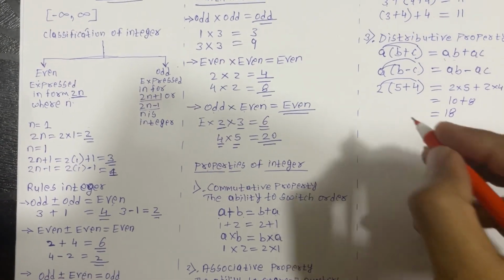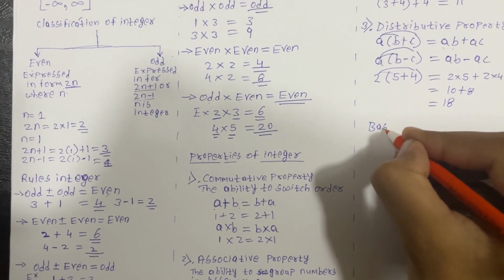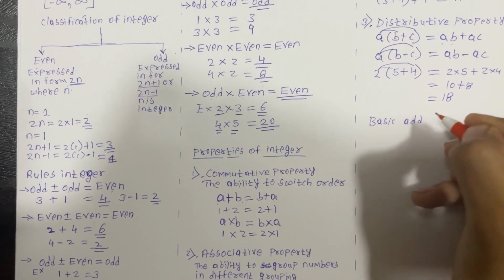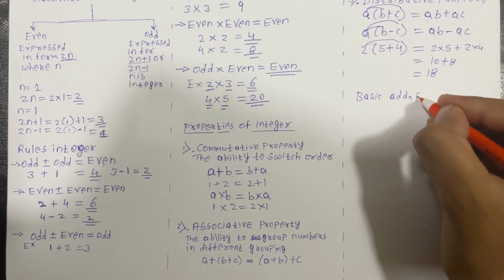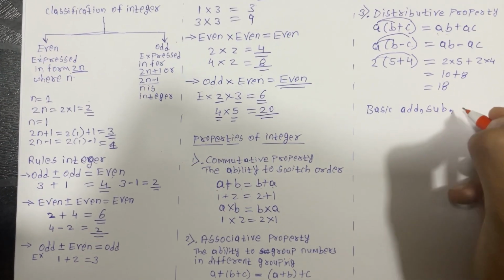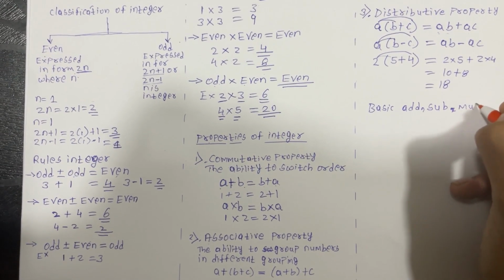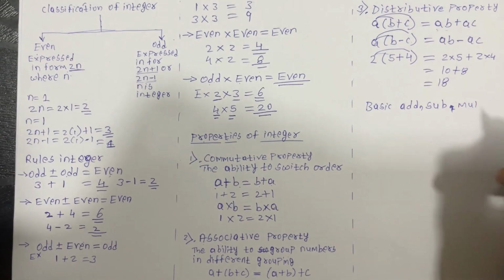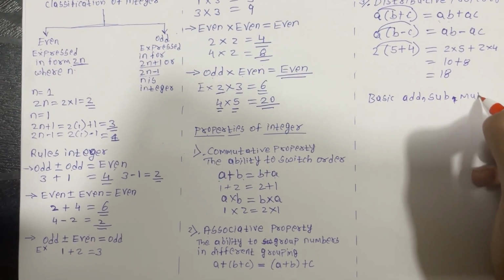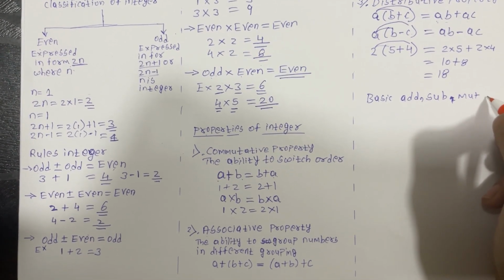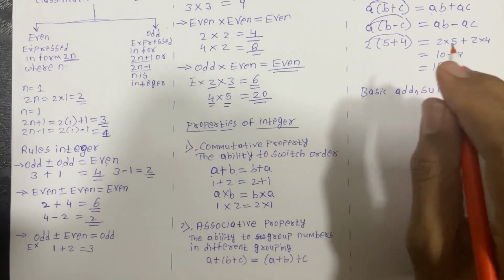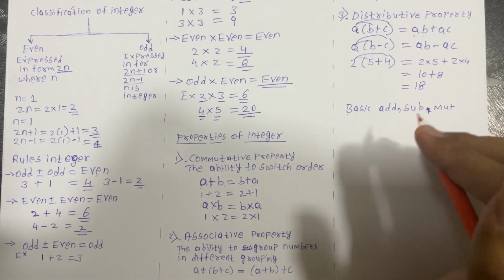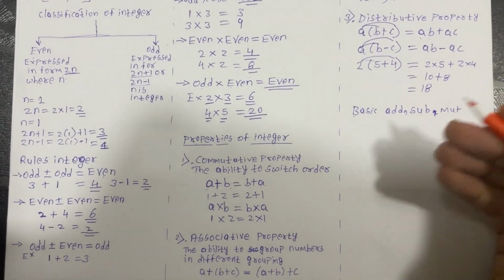Okay, so now we will learn some basics of addition, multiplication and subtraction using signs. As I said in last lecture, I will explain this further, like minus minus plus.